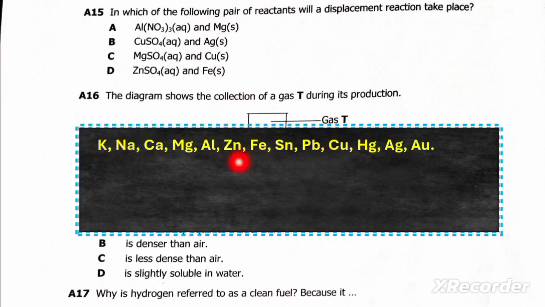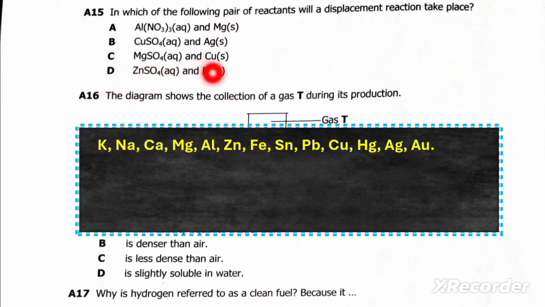This is the reactivity series. We start with D. For displacement reaction to take place here, this ion should be more reactive than zinc. But we have seen that zinc is more reactive than iron. So D is not our correct answer.